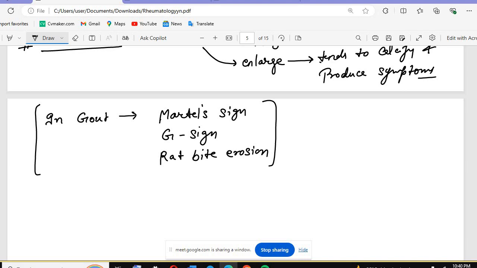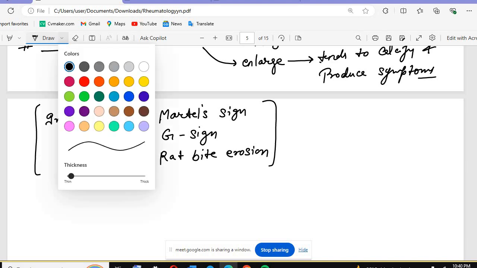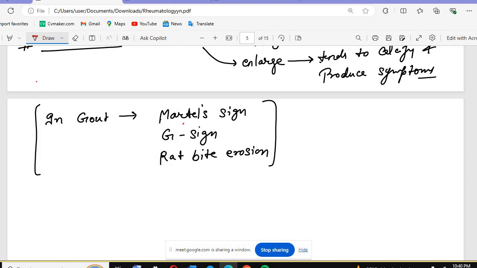You can see here that it looks like a rat bite erosion. So this is the Martel sign, or the G sign, or the rat bite erosion that you will see in case of gout. Okay, is this clear?